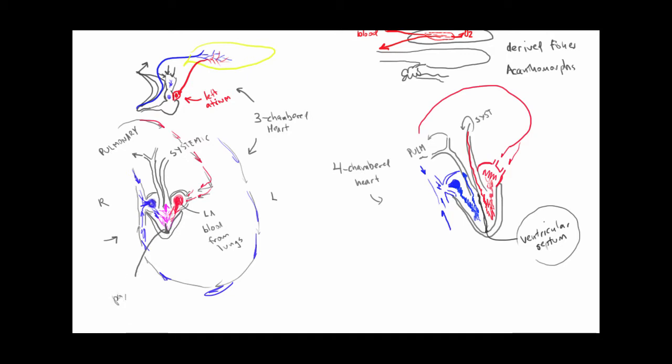Put a partial ventricular septum in right there at the bottom of the heart. If we have a little speed bump there, that would have the effect of tending to isolate the flows, keeping the oxygenated blood on the left side of the heart and the deoxygenated blood on the right side of the heart. And you could say that a partial ventricular septum is better than no septum at all.